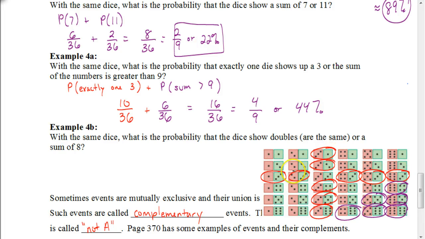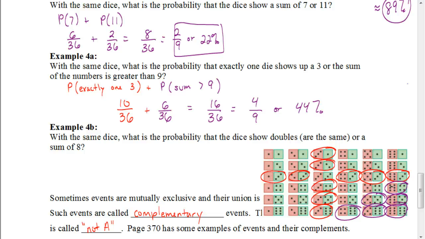What's circled in red are all the times that we have exactly one 3, and there were 10 out of 36 times. And the probability that the sum is greater than 9, well, there's a total of 6 situations, circled in purple, so 6 out of 36. Together, that's a total of 16 over 36, which reduces to 4/9, or 44%.